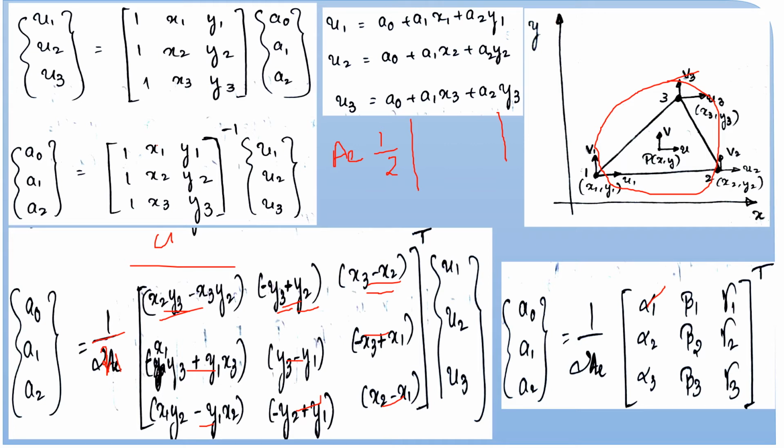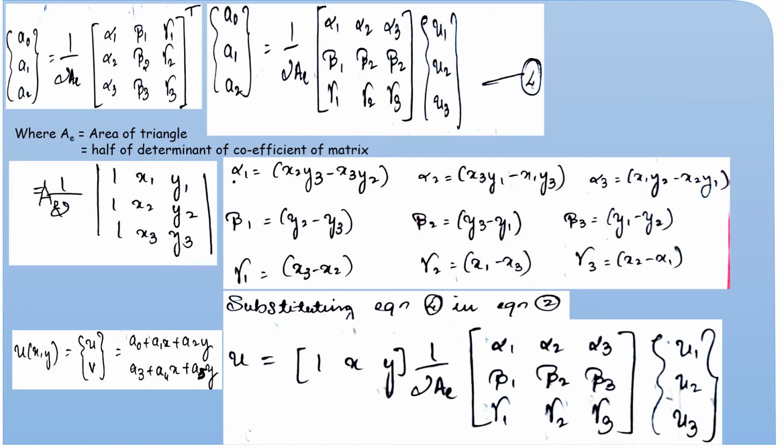Now in order to make the calculation simple, we have done it like this. We have written this as alpha 1, this is alpha 2, this as alpha 3, beta 1, beta 2, beta 3, gamma 1, gamma 2 and gamma 3. Now we have to transpose this matrix.